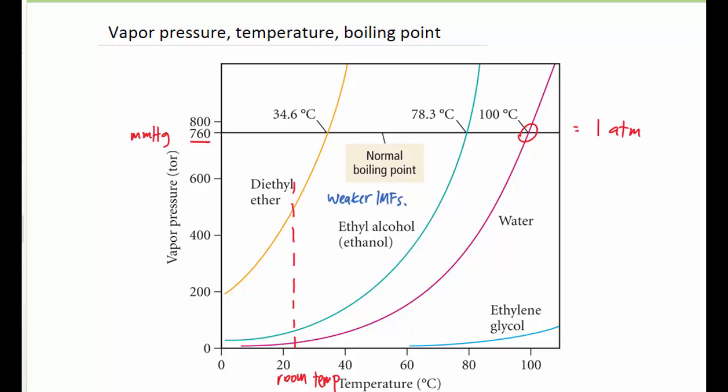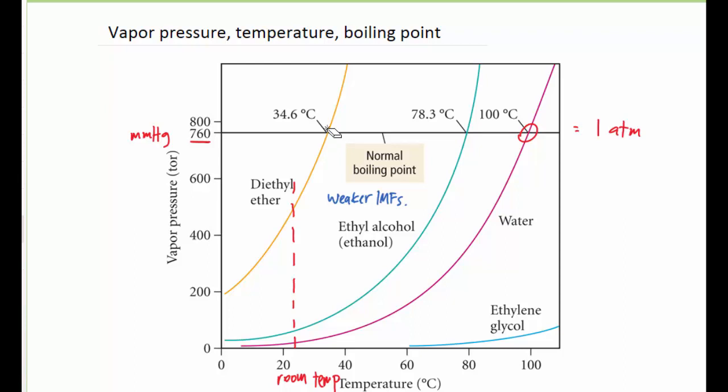Okay? So because of this increased vapor pressure, as we increase the temperature of ethanol, it's going to reach 1 atmosphere sooner than water does. And ether, it's going to hardly take anything for that to reach 1 atmosphere, just 35 C. Okay?